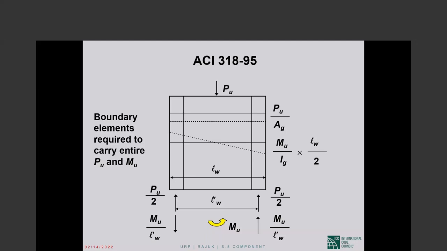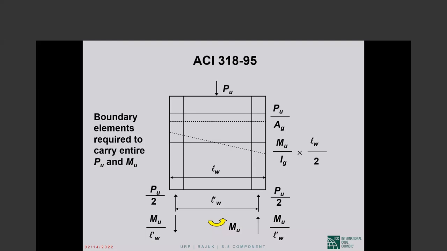So the remedy came first not in ACI 318, but in the 1994 edition of the Uniform Building Code. 1994 UBC is where we introduced a different shear wall design procedure. Unfortunately, because of last minute changes we made, there was at least one major flaw that crept into the 94 UBC procedure. We fixed it in 1997 UBC.